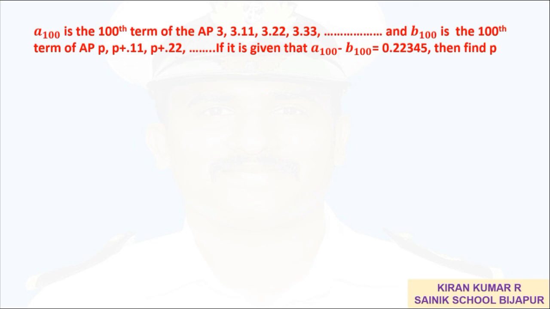If it is given that a100 minus b100 equal to 0.22345, find p. If you look at both the arithmetic progressions, they are having the same common difference. Just observe it. The common difference is 0.11.